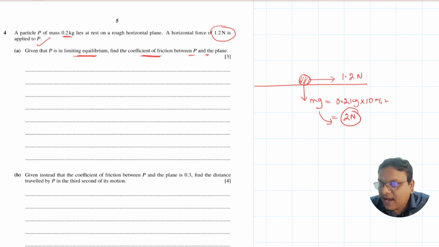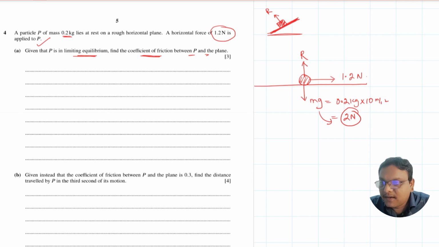Okay, and one more reaction force will be acting upwards, which is exactly opposite to the ground. Remember always, if it is an inclined surface and an object is on it, the reaction force is always 90 degrees, perpendicular to the surface.